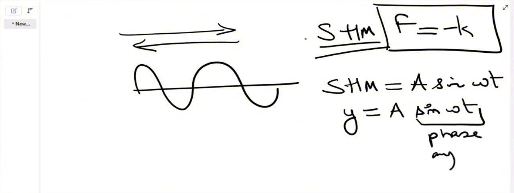Phase angle is the angle which gives you the start position of any wave. Understood? Yes, ma'am. A is the amplitude. Y is the displacement of the wave at that given time. Any doubts? No, ma'am. Understood everything? Yes, ma'am. Okay. Now, SHM and the sine function play a very, very important role.